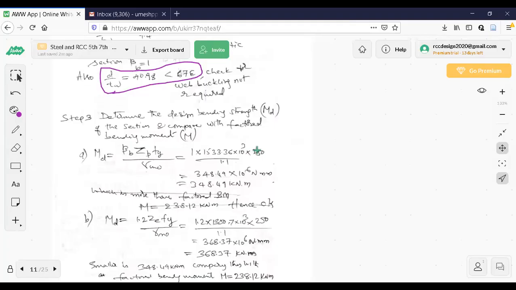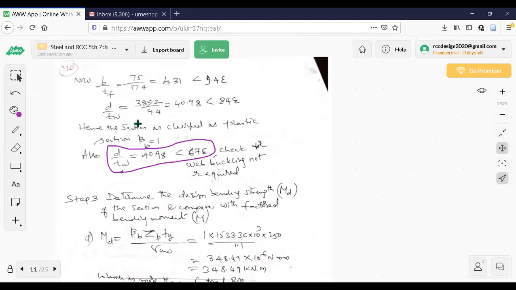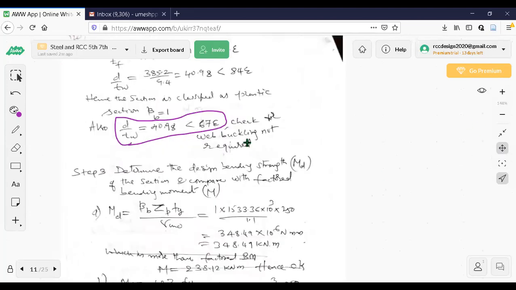I'll come back to this later. Here you have to refer to that page number 18 table and decide whether the section was plastic or what. I'll get back to that page once it is loaded.